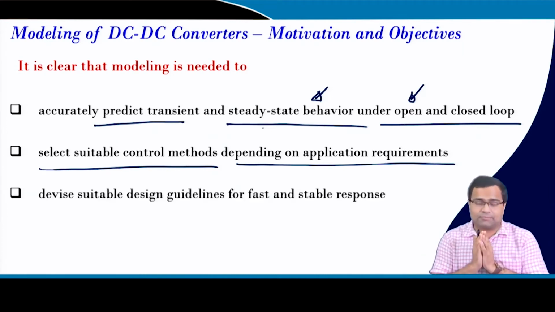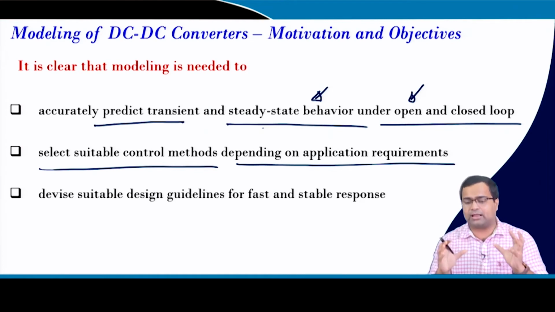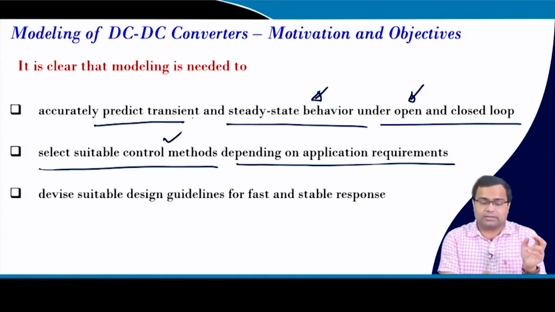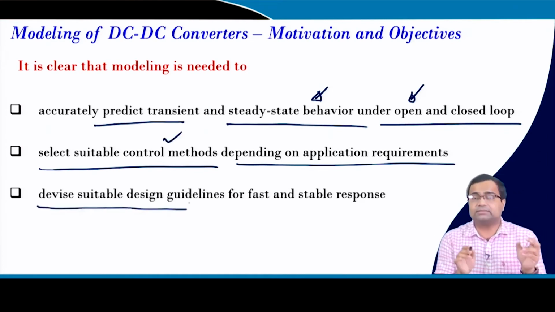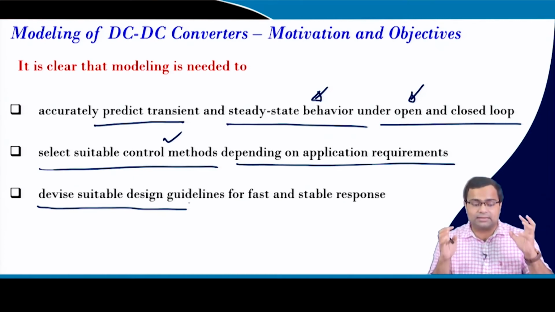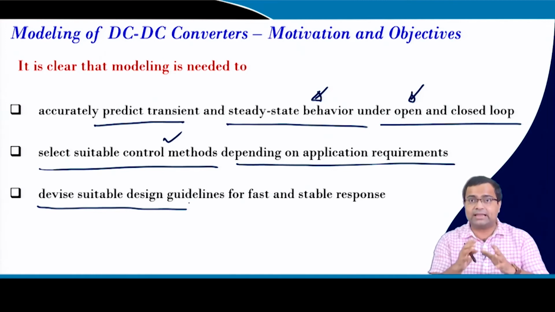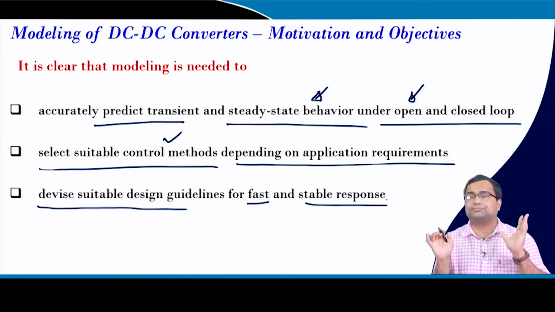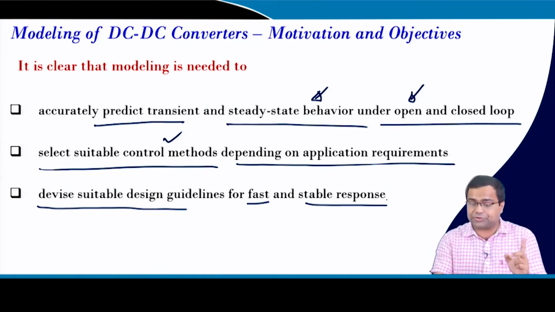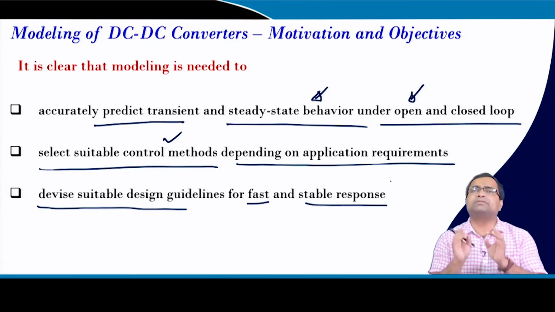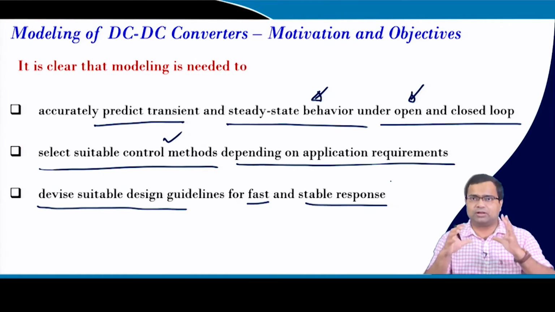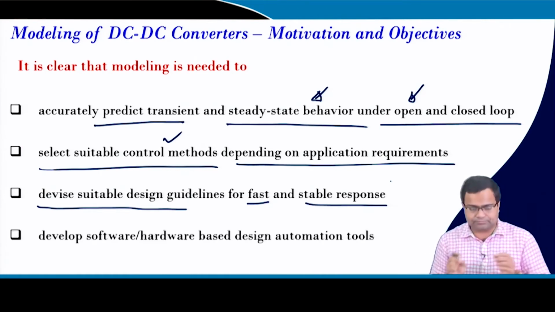The next, third objective, once we have such a model and have identified the control method, is to devise some suitable design guideline. How can we develop the steps to design the controller in order to achieve fast transient and a stable response, and which can also ensure subharmonic instability will not happen, and the transient performance should match with your switch simulation and the actual model you obtain.